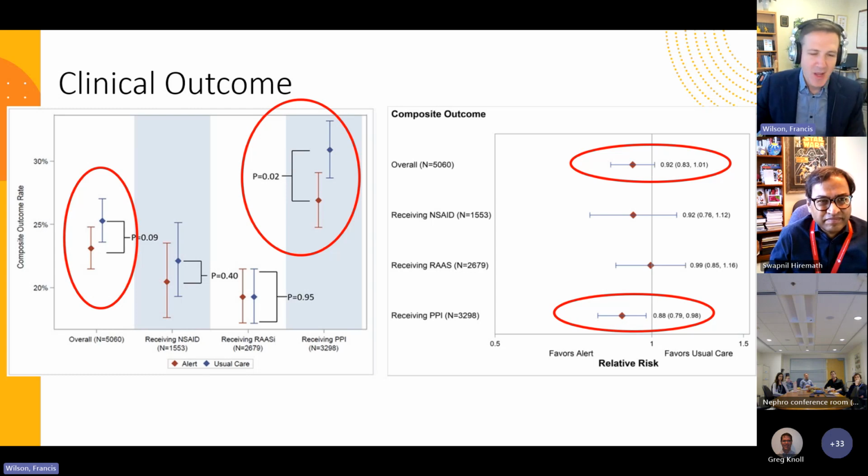And this is not published, but I explored various subgroups, people with heart failure and other reasons to give ACE inhibitors, and really nothing shook out that I think would count as generalizable knowledge.